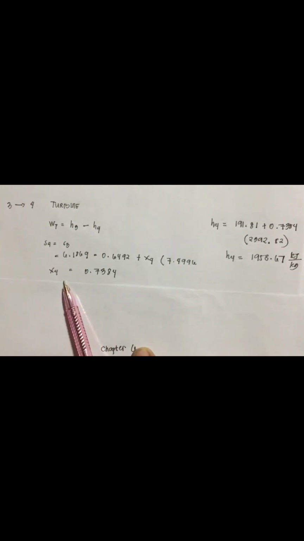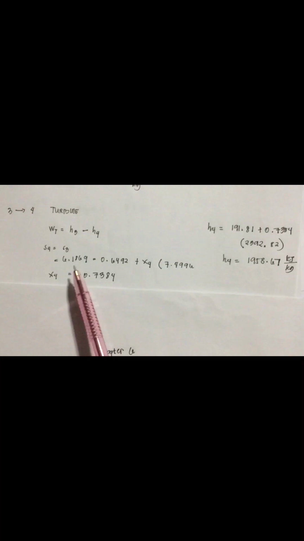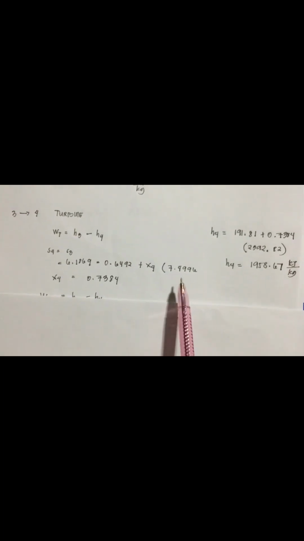To do that, we also need to find our X, and our equation for that is S3 is equal to SF plus X times SFG. So we have 6.1869 is equal to 0.6492 plus X4 times 7.4996, and we have an X4 of 0.7384.